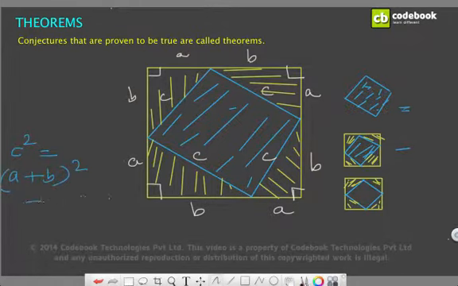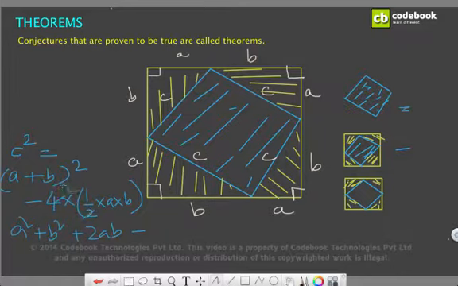And you have four triangles, right angle triangles, whose sides are a and b. The area of a right angle triangle is half ab. So this would be a square plus b square plus 2ab minus 2ab. So 2ab cancels out and you will be left with a square plus b square.